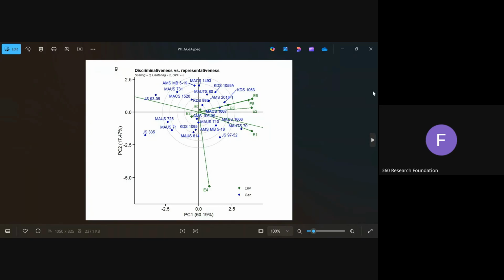Again, you can interpret the PCs: PC1 is 60, PC2 is 70, so the total is almost 78. Both are explaining the maximum amount of variation.